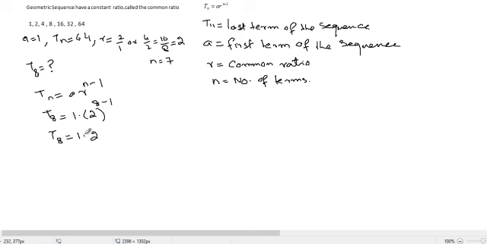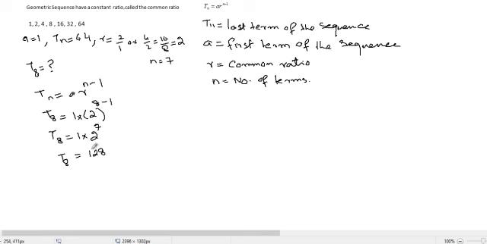This dot stands for multiplication, so instead of dot you can put cross or dot, both we can use. What is 2 raised to power 6? 2 raised to power 6 is 64, and 2 raised to power 7 is 128. Or you can use a calculator to find 2 raised to power 7, that is 128. So the next term after 64 should be 128, because when we multiply 64 with 2, you will get 128.